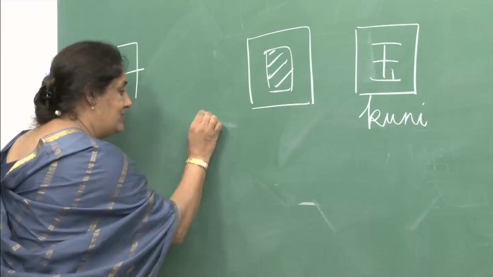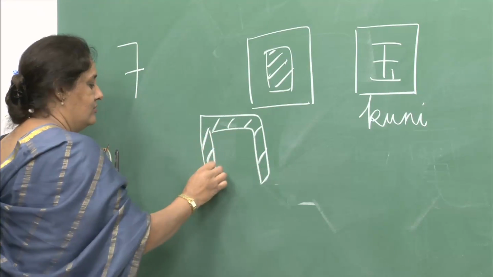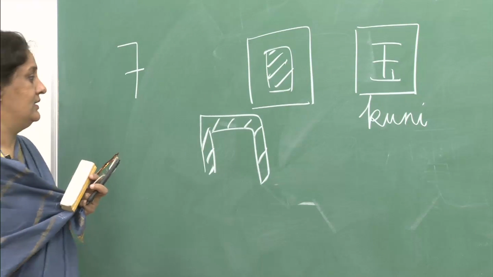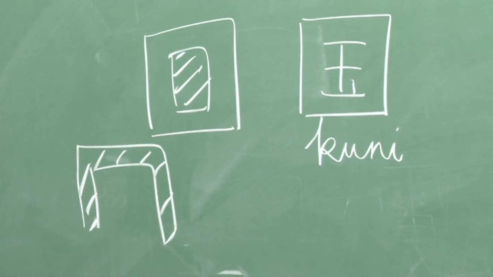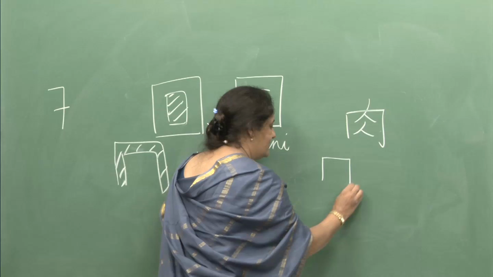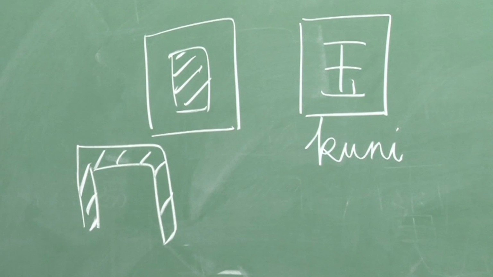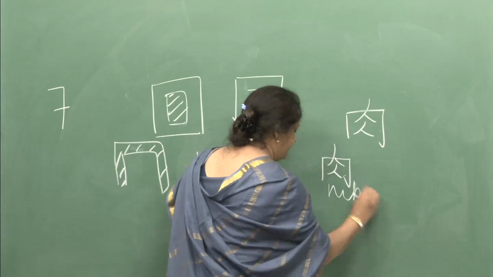You could also have it like this over here. There are a lot of such divisions. If you remember doing the word niku, well, like this and like this. So, you need to make this first, 1, 2 and 3, niku. Niku means meat.